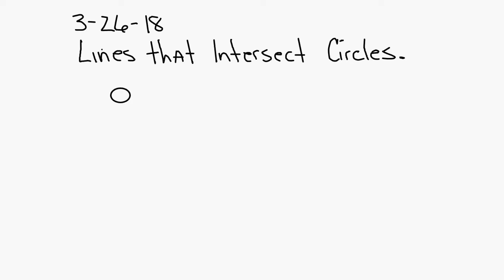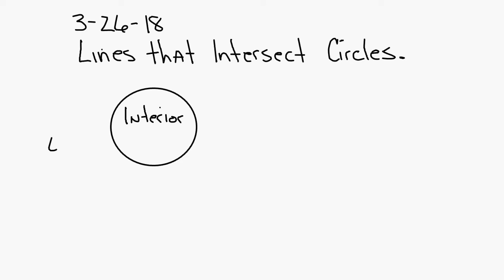I sure hope there's no confusion on those two. This would be the interior of a circle. And the part that's not inside the circle, that's called the exterior of the circle.